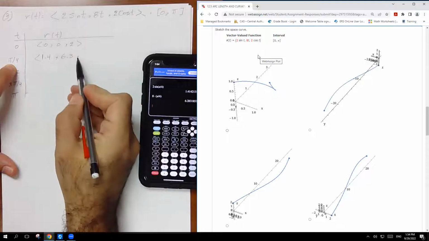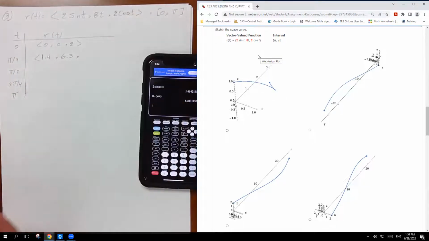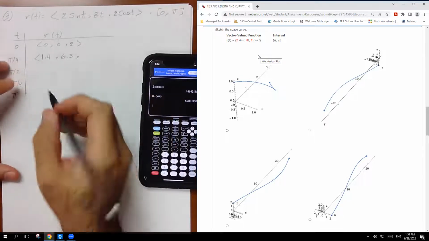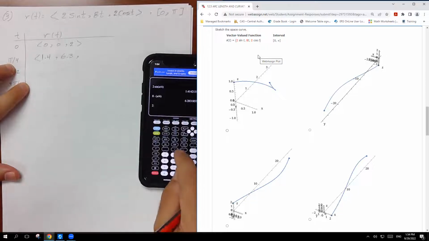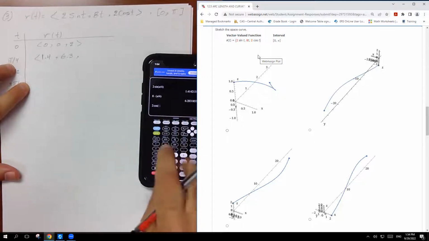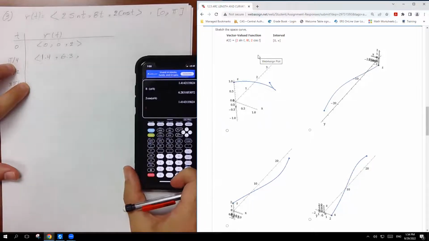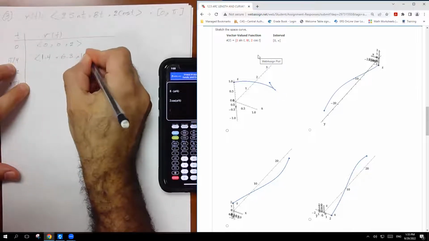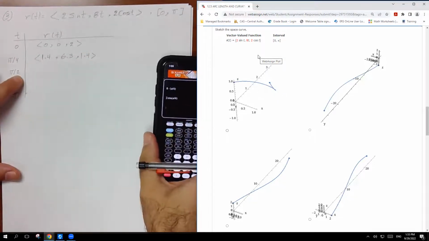And the third one, because the graph is in space, that means with x, y, and z. So let's plug in with the cosine t, that means 2 cosine pi over 4. So pi divided by 4, and I close it. It's going to be 1.4. So also 1.4.